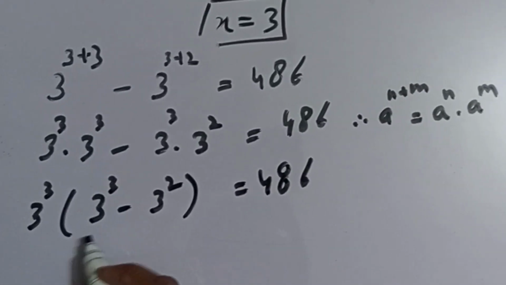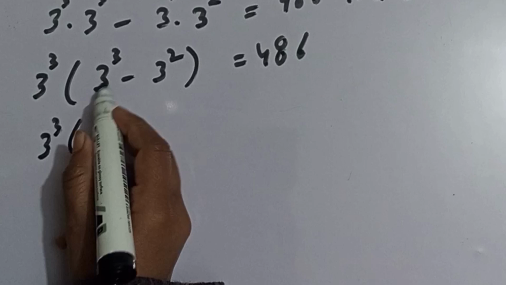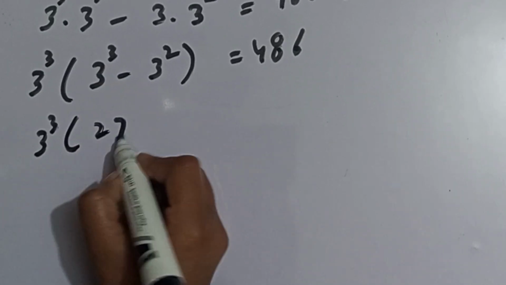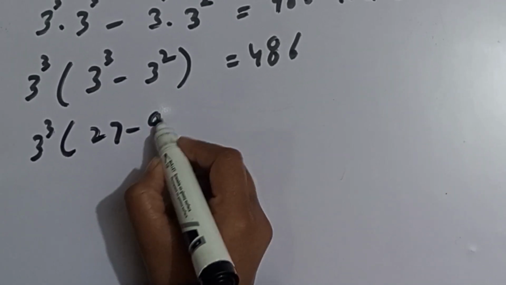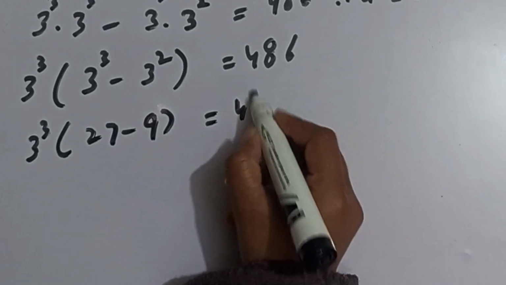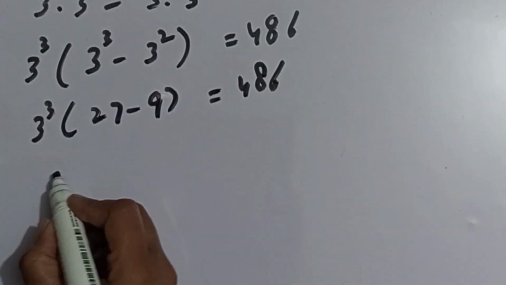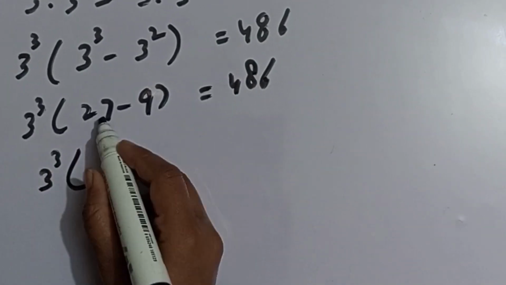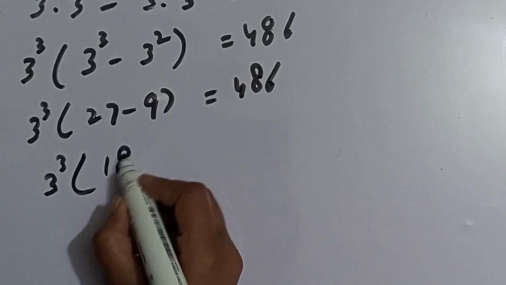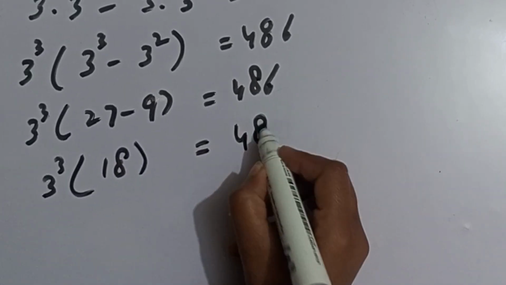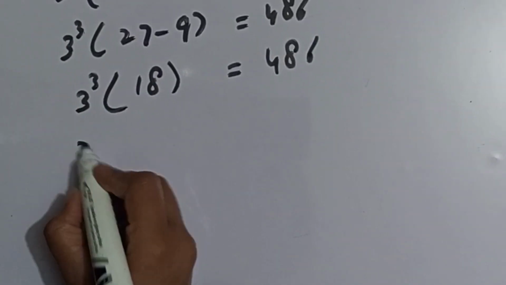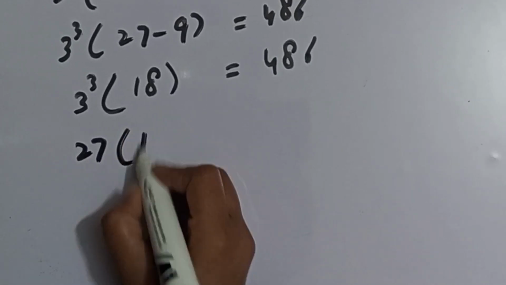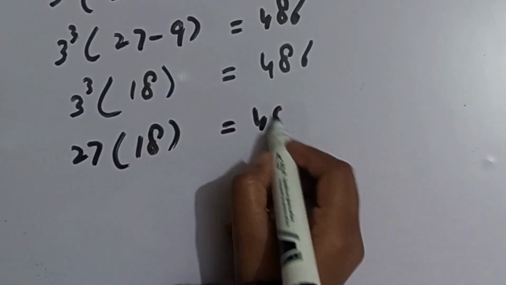Now we solve this part. 3 raised to the power 3 is 27, minus 3 square is 9, is equal to 486. Now we subtract: 27 minus 9 is 18. 3 cube is equal to 27, and this 18, is equal to 486.